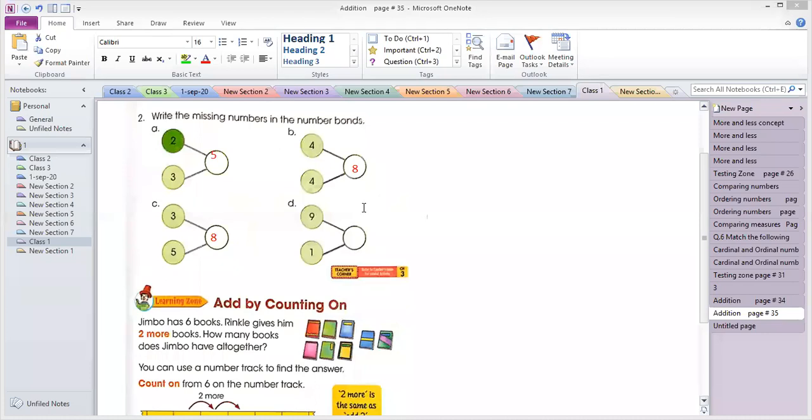It's very easy. If you want to find the total, add these two numbers. 9 plus 1 equals what?